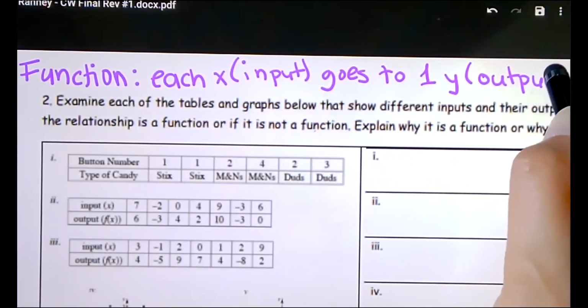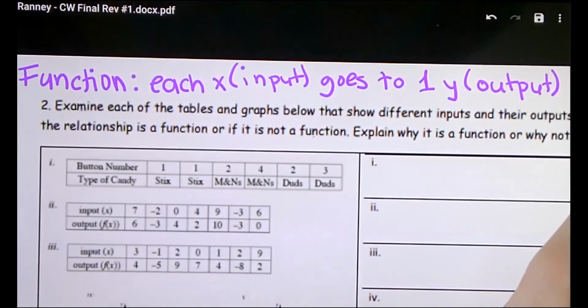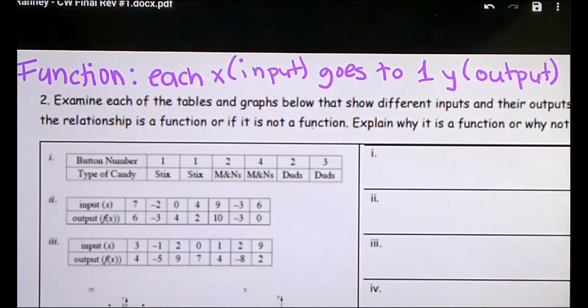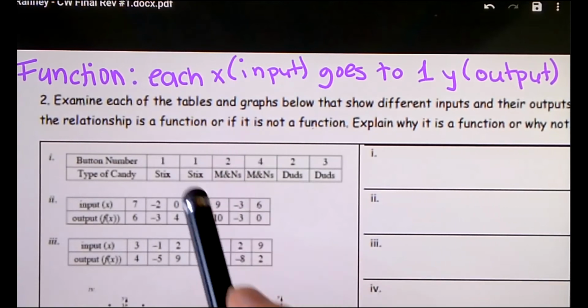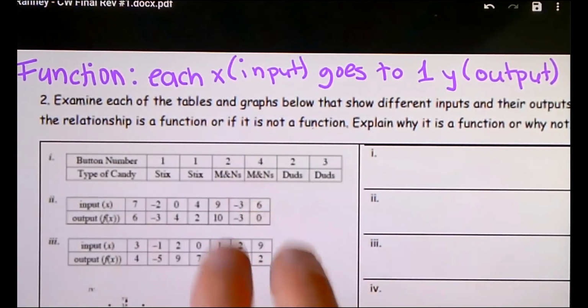So each x goes to only 1y. I cannot have an x go to 2 totally different y's. We did this with the soda machine problem, where we pressed the machine, and one time we pressed 1 and we got, I forget what the names of them were, some soda out, and then we pressed that same button, but a totally different one came out.